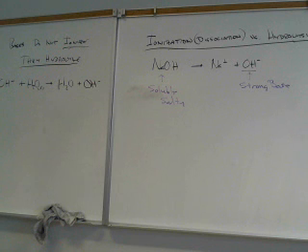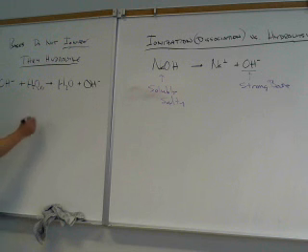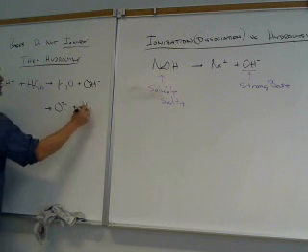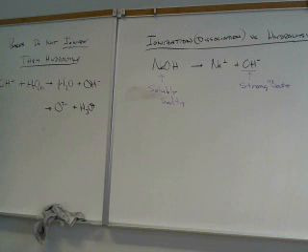Water and hydroxide. That's going to be what happens. It can't go to hydronium. Let's say it went to hydronium. Then it would form oxide plus hydronium. Right? That's what you got.